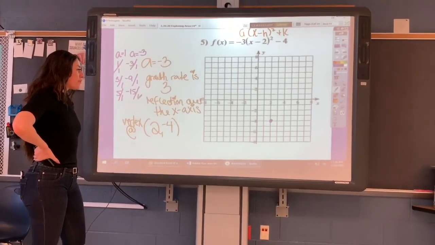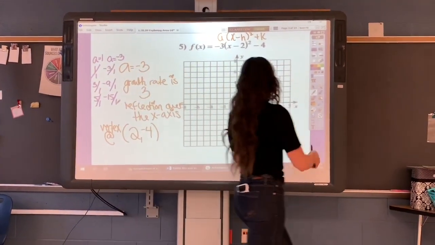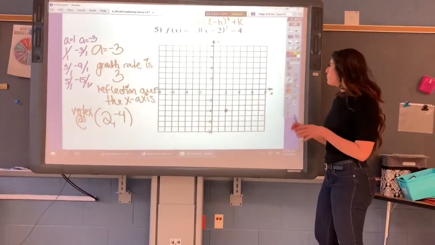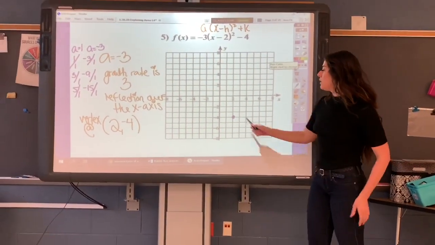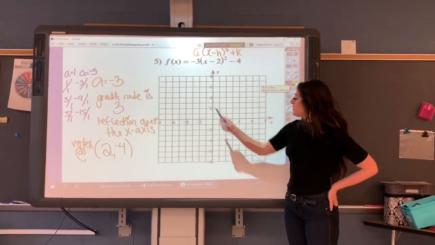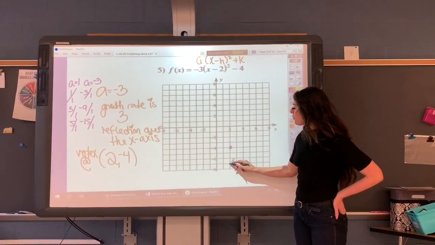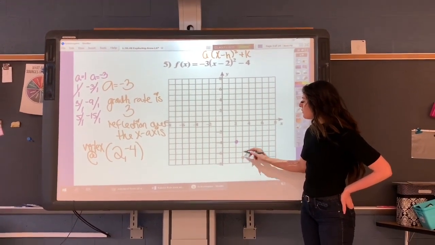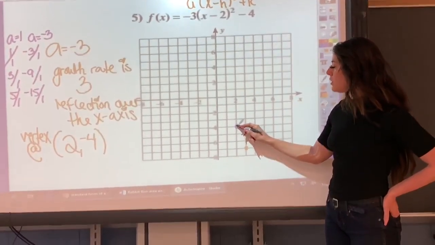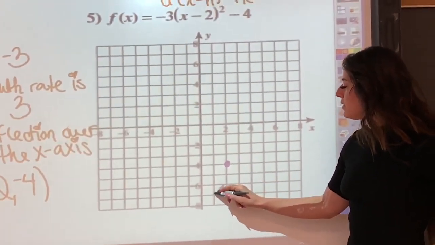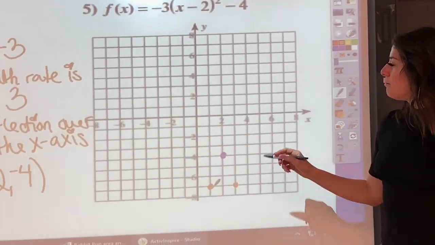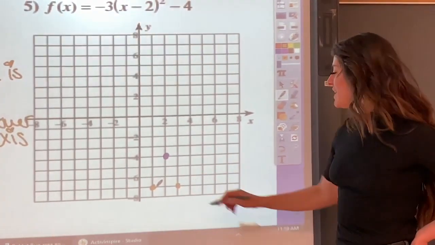So let's start from your vertex. Now, unfortunately, this grid is not large enough to get too much information plotted, but you'll get the point. From my vertex, instead of going up 1 over 1, I'm going down 3 and to the right 1, and a quadratic is symmetrical. So I'm also going to go down 3, left 1. My next coordinate would be down 9.